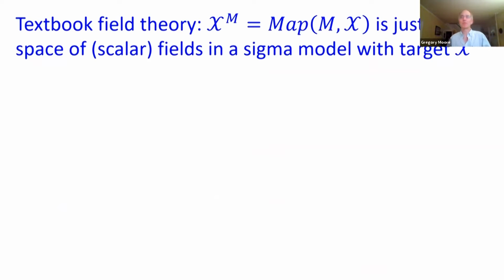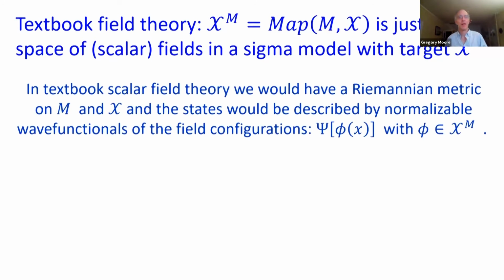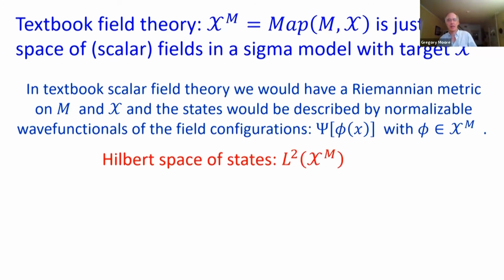It's the space of maps from M to X. That's just the space of scalar field configurations in a sigma model with space-time M and target space X. In textbook scalar field theory, we would put a Riemannian metric on M and on X, and then the states would be described by normalizable wave functionals of the field configurations. A physicist would typically write that as capital Psi, the wave functional, evaluated on some field configuration phi of x, where phi is in this mapping space, X^M.